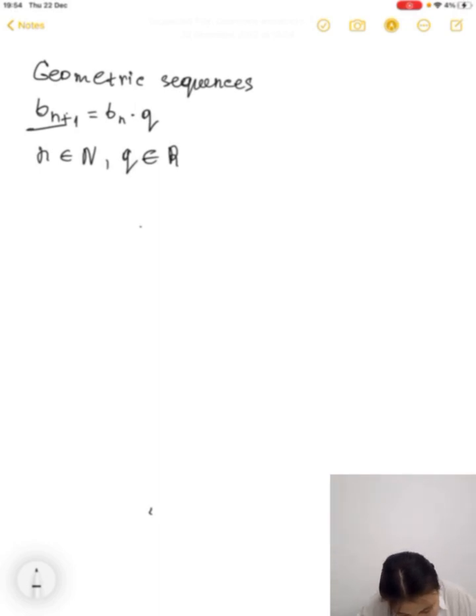First, if q is more than 1, the geometric sequence is increasing when b sub 1 is more than 0, and decreasing when b sub 1 is less than 0.